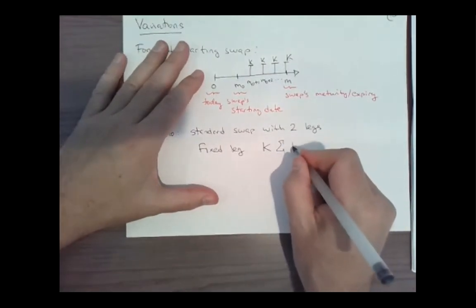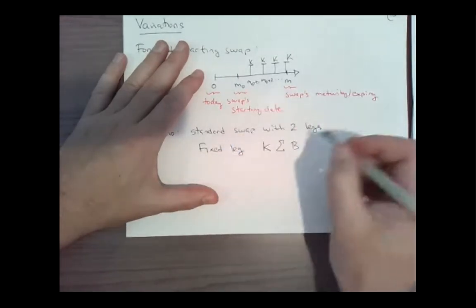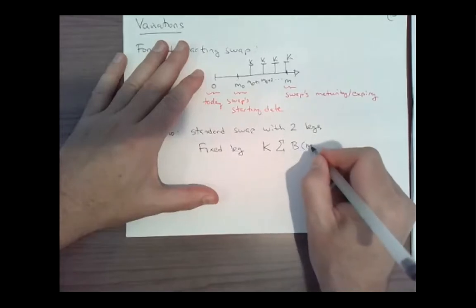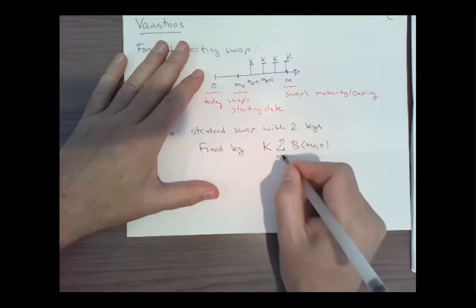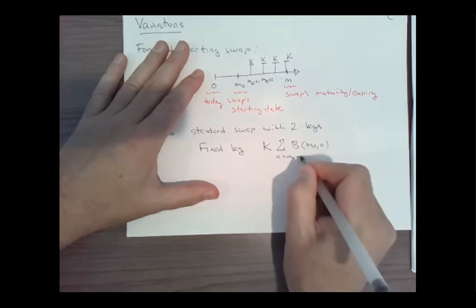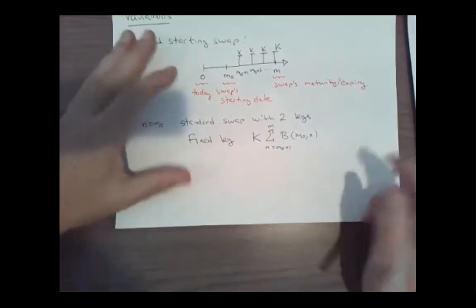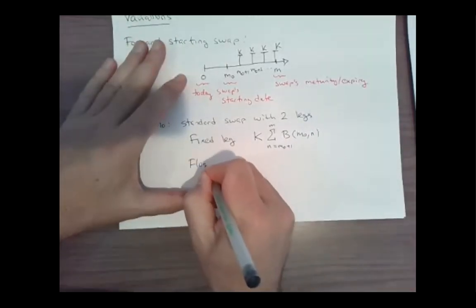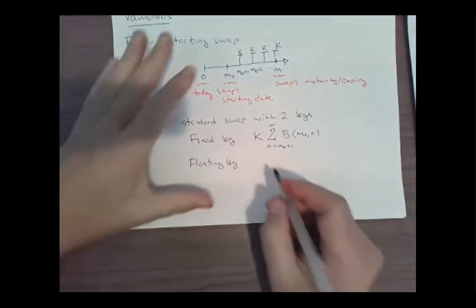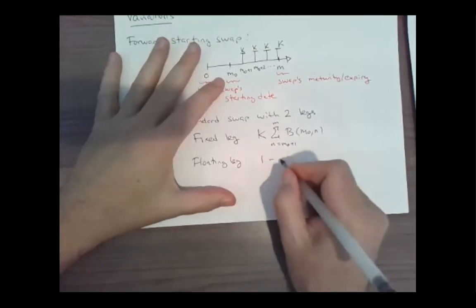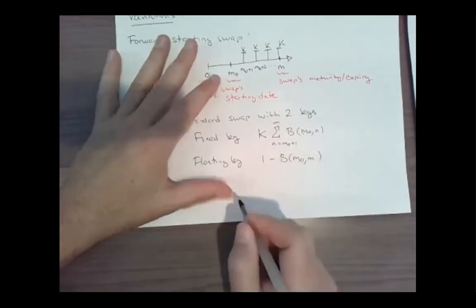So we're going to be summing b. We go back to time m0 and we go out n. So this is going to be from n equals m0 plus 1 to m. And then we're going to have the floating leg. And that was the same as before. This is going to be 1 minus b m0 m.